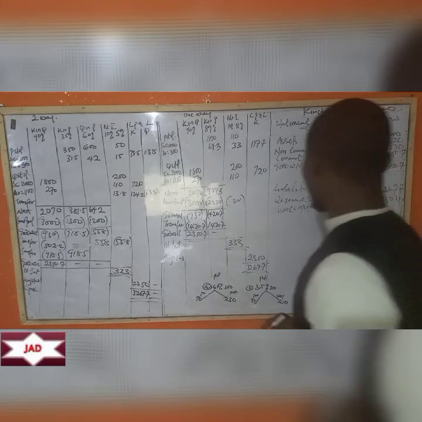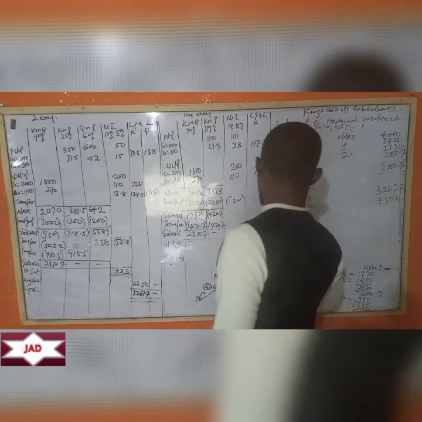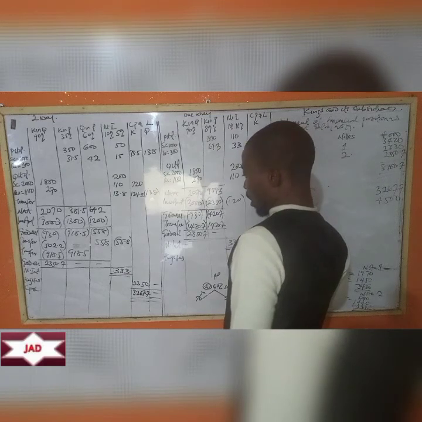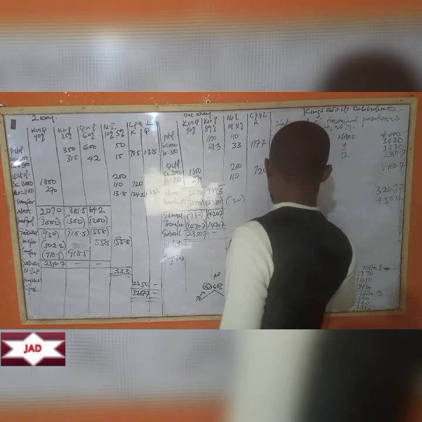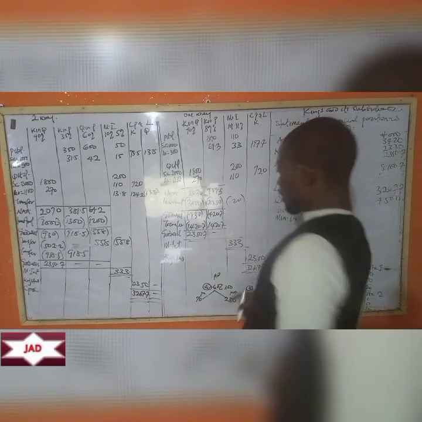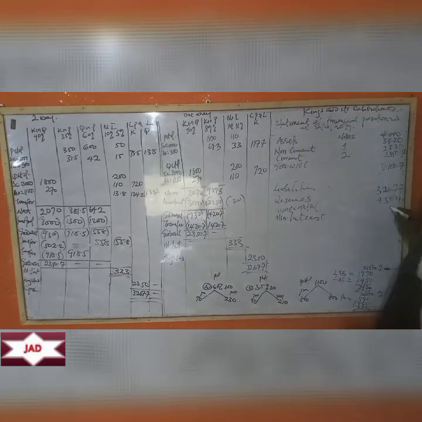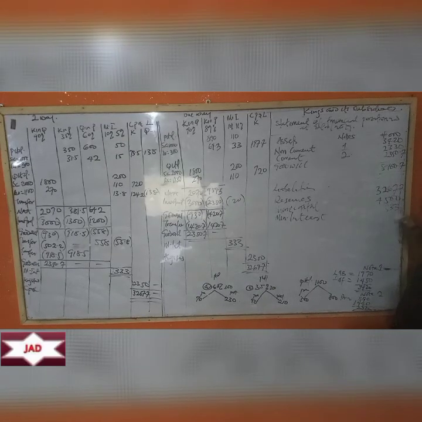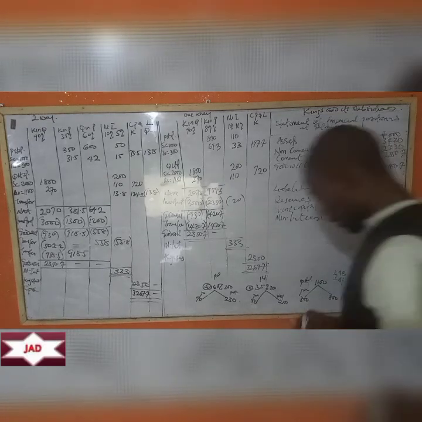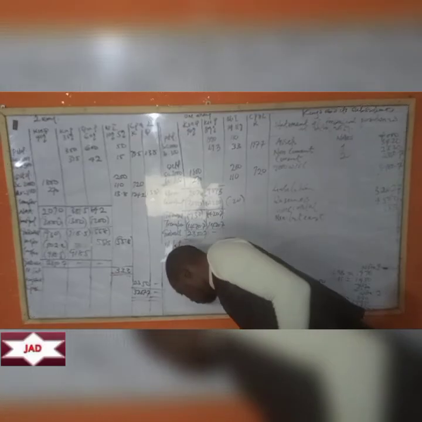Now what else? We have our minority interest. What do we have there? 333. Right? So let's add up.